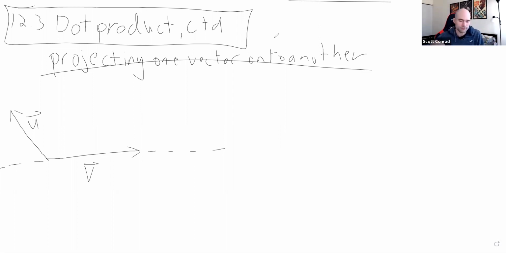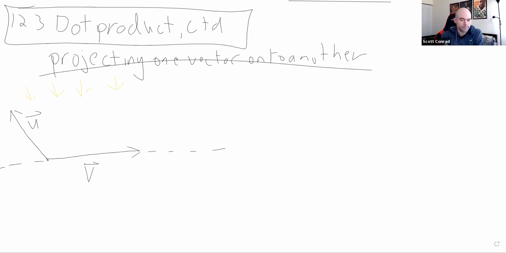We have some other vector U. We're going to start these guys at the same place. So basically what we want to do is think of light shining directly down onto the ground. Think of like the sun shining down onto the line containing V, which we consider to be the ground. Here's our sun. That's actually not very good. Our sun shining sort of straight down orthogonally onto the ground.